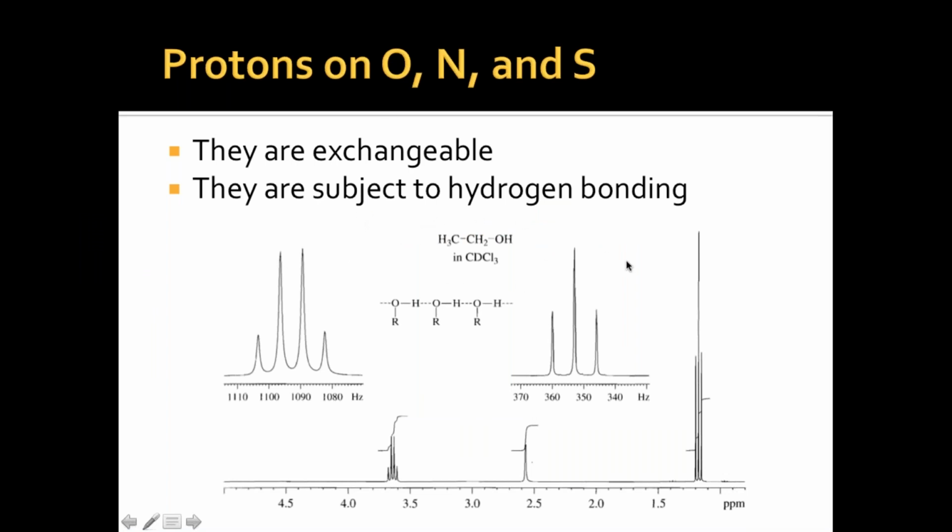They are subject to hydrogen bonding. What does that mean? The hydrogen of the OH undergoes hydrogen bonding with another oxygen. It can be intramolecular hydrogen bonding, and it can be intermolecular as well, depending upon the solvent you use for the NMR, right?